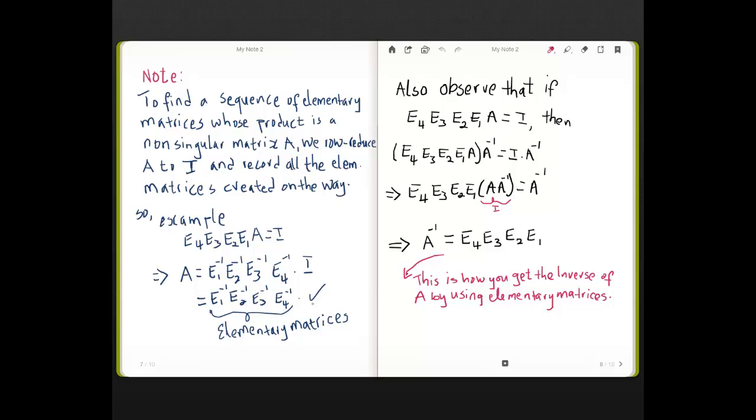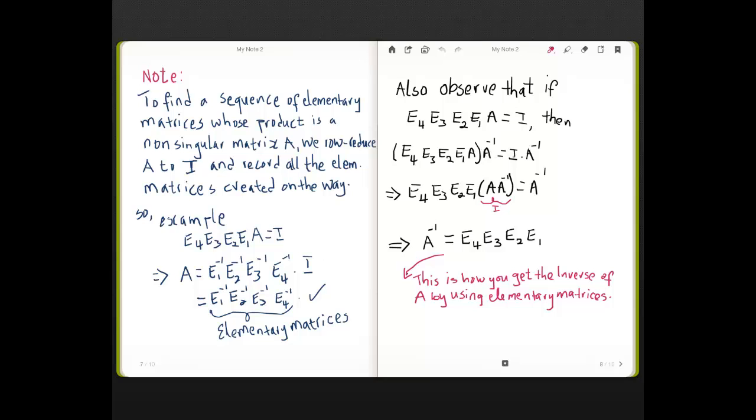Now I want you to observe something also. If E4, E3, E2, E1, A equals I, then instead of multiplying both sides by the inverses of the elementary matrices, since A is invertible, I can multiply both sides by the inverse of A from the right. So that gives me all of these times A times A inverse equals I times A inverse.